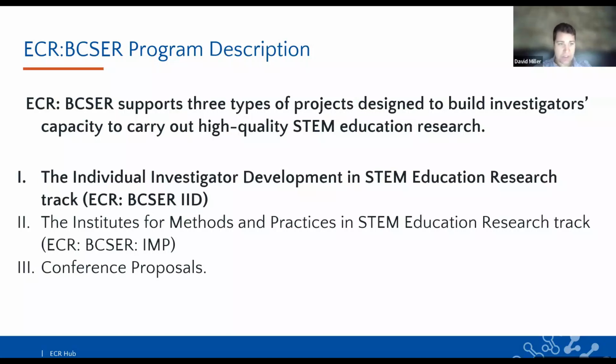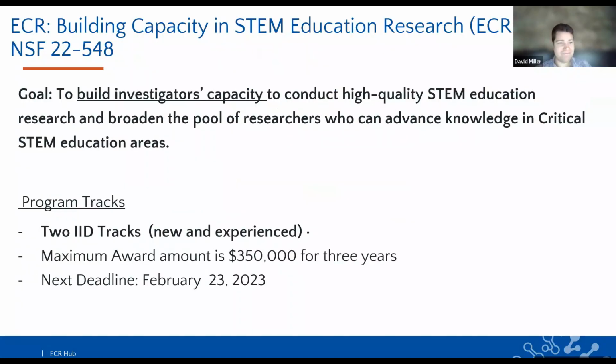It also includes the Institutes for Methods and Practices in STEM Education Research, and it also supports conference proposals that are aligned with the capacity building goals of BCSER. Today's workshop will focus on the IID opportunity, but you can see the solicitation for the other two if you are so interested.